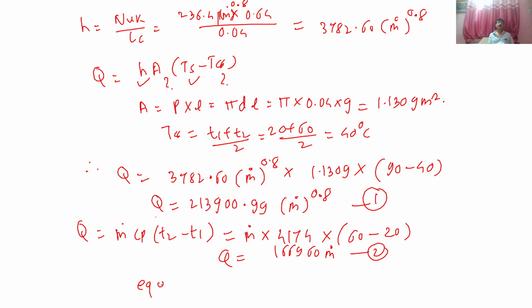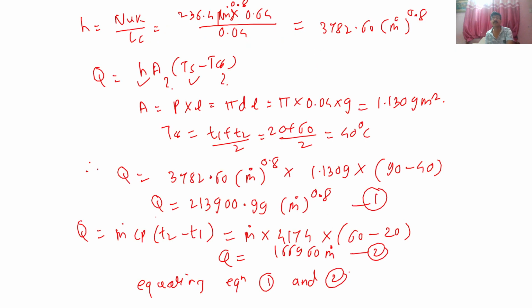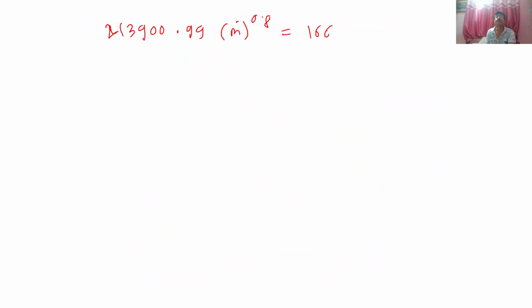Now equate equation 1 and 2, because both are Q. So the right hand sides are equal: 213900.99 m dot raised to 0.8 is equal to the right hand side of the second equation, 166960 m dot.